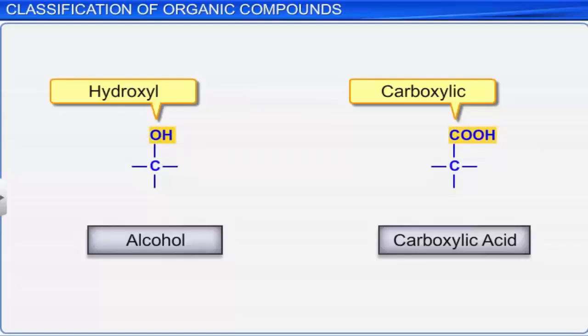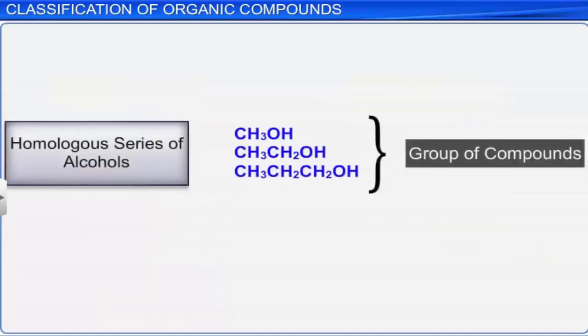Organic compounds can also be classified on the basis of homologous series. The successive members of a series of organic compounds with a characteristic functional group, having the same general molecular formula and differing by a CH2 unit, form a homologous series.